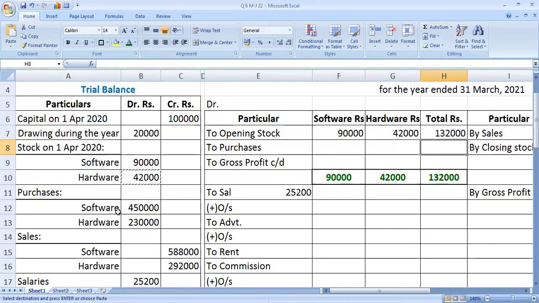Purchases also go to the departmental trading account debit side. Software rupees 4,50,000, hardware rupees 2,30,000, total 6,80,000.